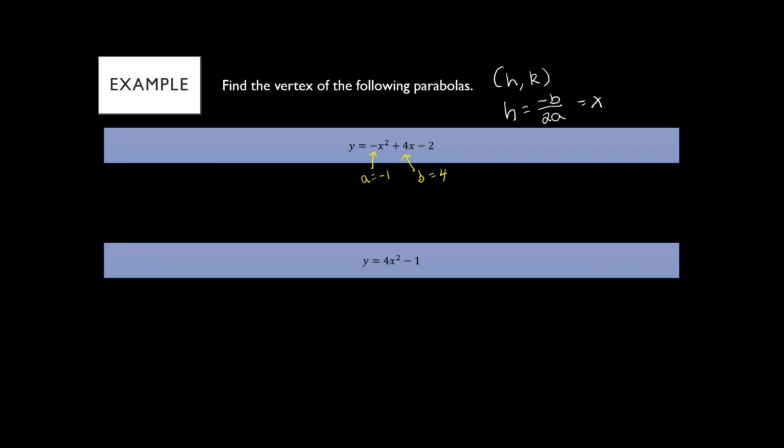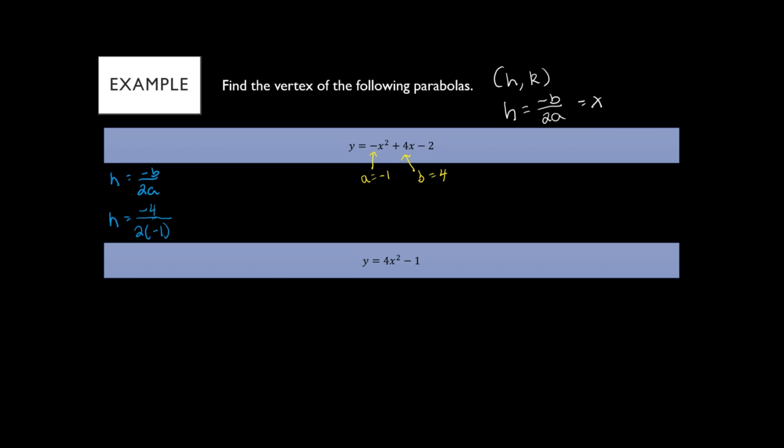And we don't really care what c is because we don't need that to find h. We just need b and a. So h is negative b over 2a. So b is 4, so that gives us negative 4 over 2 times a, which is negative 1.